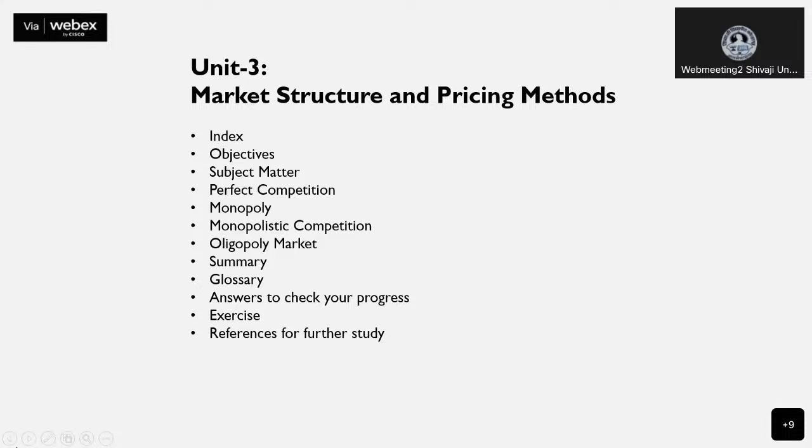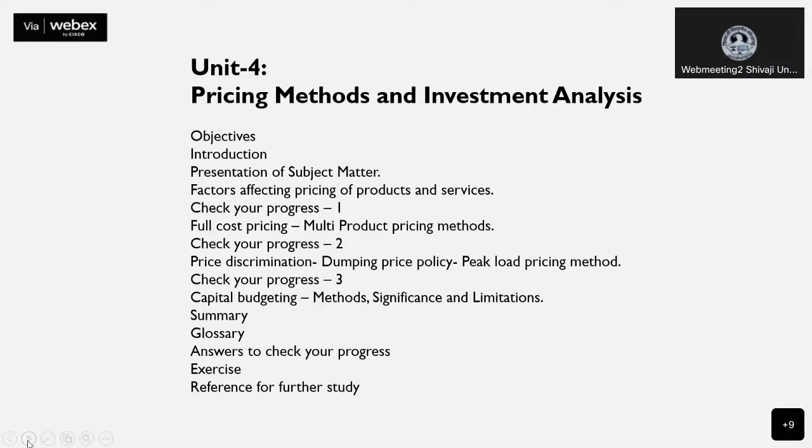Also, in our last unit, unit number 4, we are going to review pricing methods and investment analysis: objective, introduction, presentation of subject matter, factors affecting pricing of products and services. Full cost pricing means what? Multi-product pricing methods, price discrimination, dumping price policy, peak load pricing method, capital budgeting method, significance and limitations.